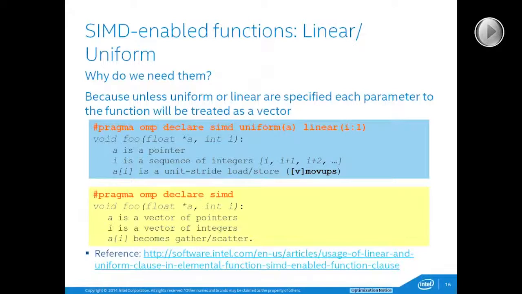That's what is specified by linear, and within the braces it's i:1. So this is what the SIMD-enabled function clauses enable you to do. Basically, your articulation of what is happening within the function or within the loop is much more clearly explained to the compiler by using these clauses.